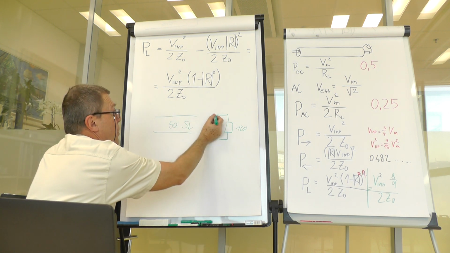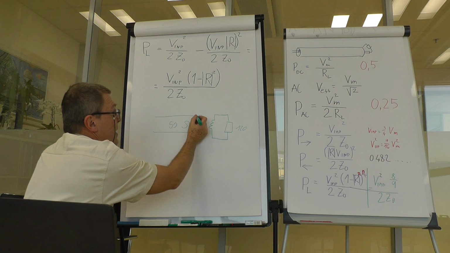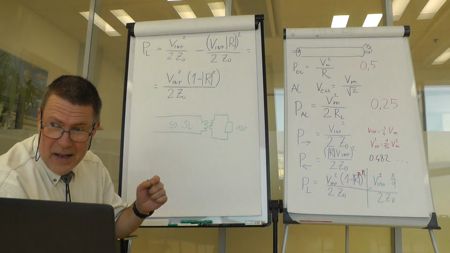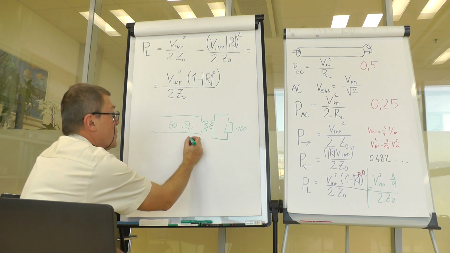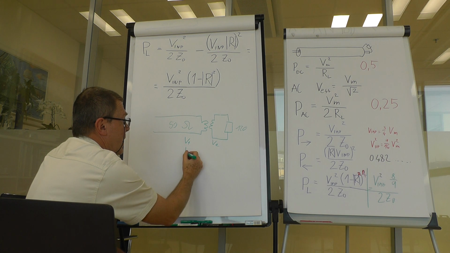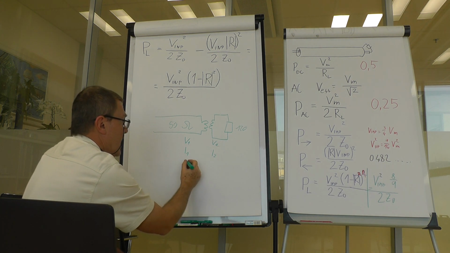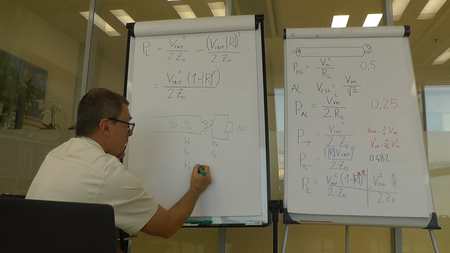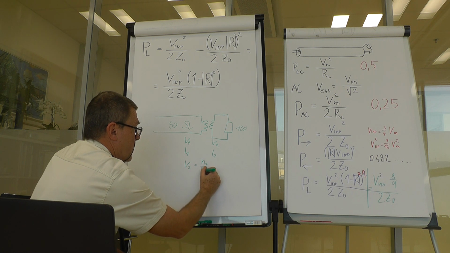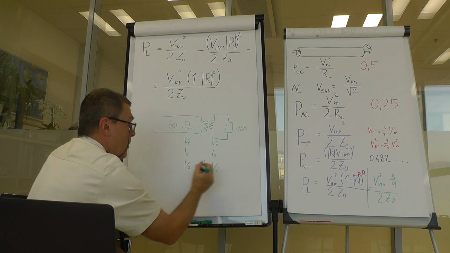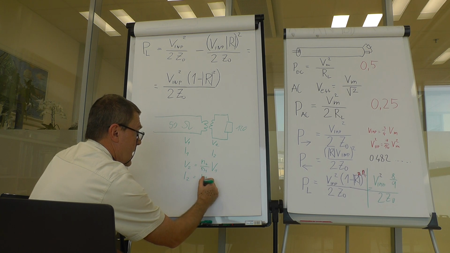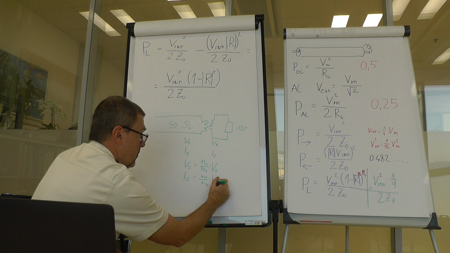As you remember, a transformer has a ratio of turns N. So if you get voltage 1, voltage 2, current 1, current 2, then voltage 2 is turns on the second side divided by turns on the first side, times voltage 1, and current 2 is inversely related.